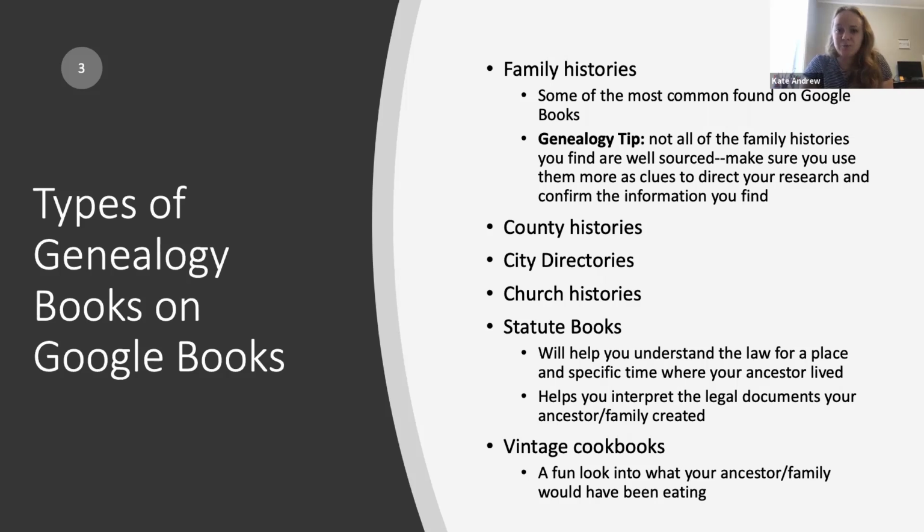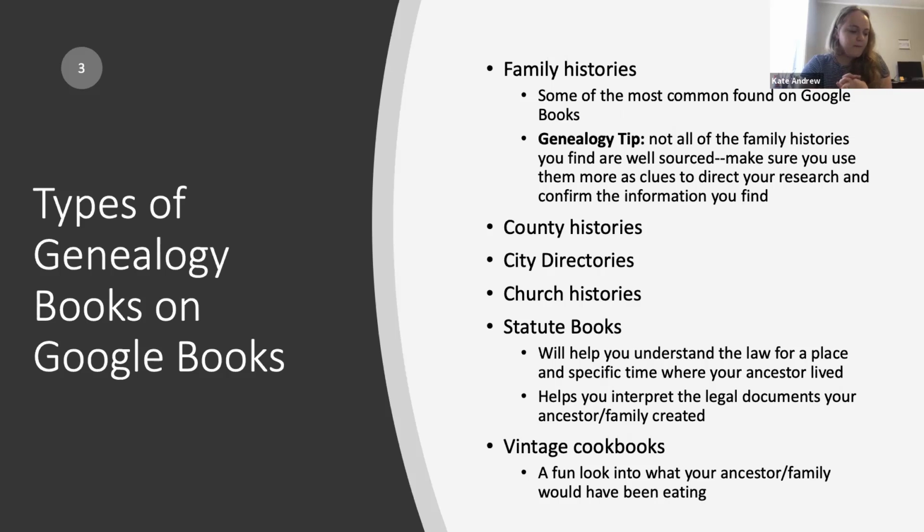And a lot of these books are public domain. So you can view them completely free and actually download PDFs or copies of them on your personal device on Google Books. And I'll talk about that a little bit later.